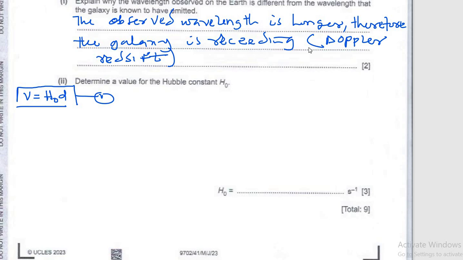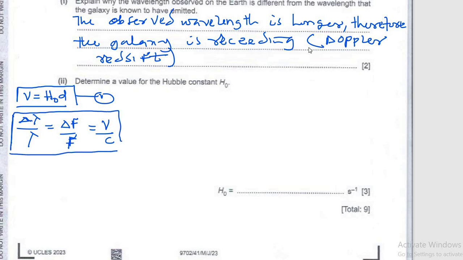And since what happened earlier is Doppler redshift, we have a general equation for Doppler redshift, that is change in lambda over lambda equal to change in frequency over frequency equal to velocity over c. We are going to treat this formula as if we are using sine rule in math. So you pick any two. From here, we are only concerned about change in lambda over lambda equal to velocity over speed of light.